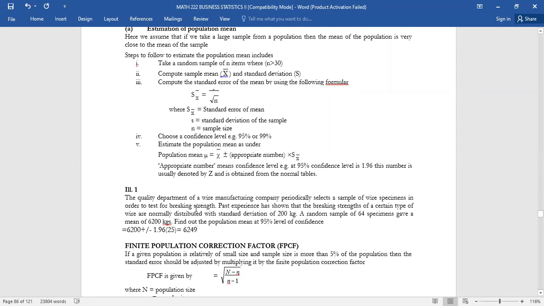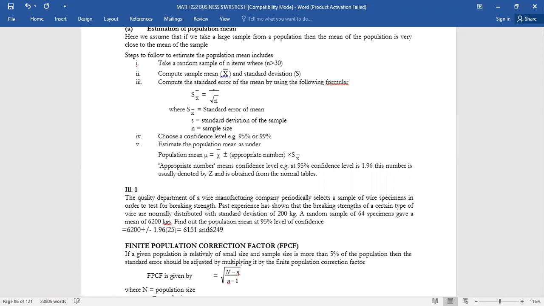So we'll be talking of 61.51 to 62.49. So we'll say that at 95% level of confidence, our population mean will be in between 61.51 and, is it 'to' or 'and'?